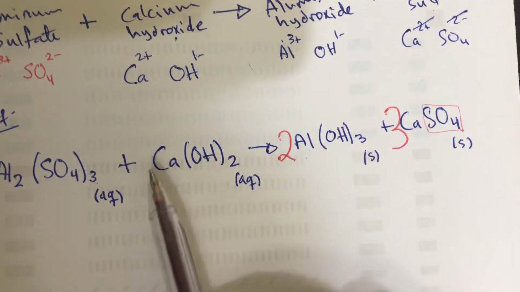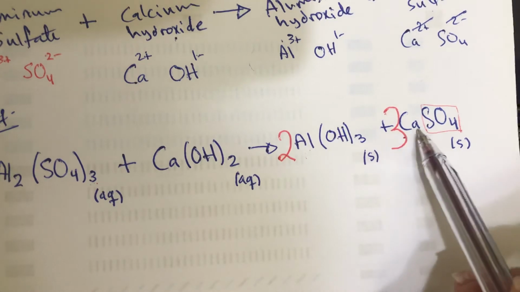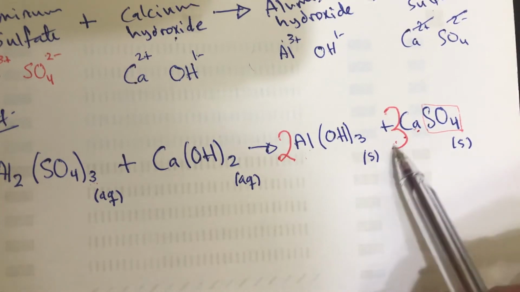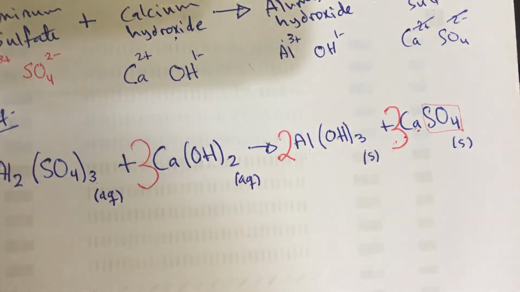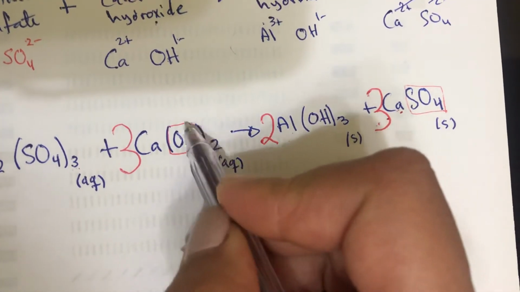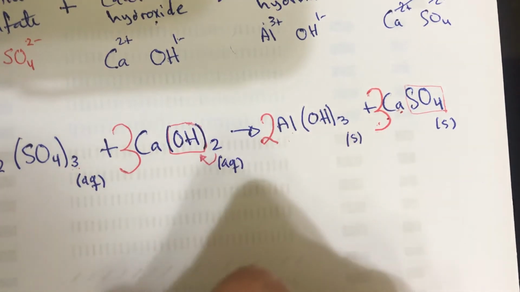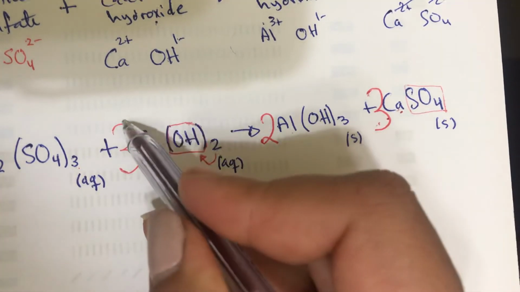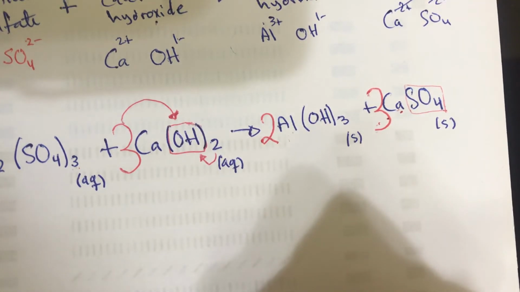Now, calcium. You have 1 in the reactant, 1 atom of calcium. And here you have 3. So here you have to multiply by 3. Now, hydroxide group. You have 2 and it's multiplied also by 3.